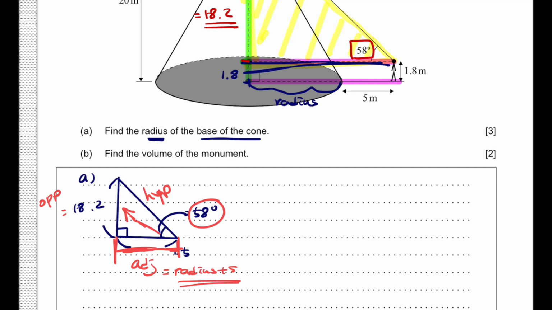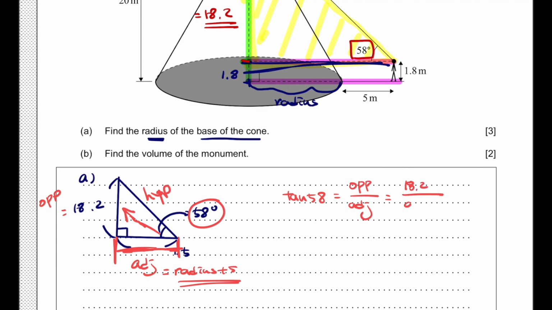Using the trigonometric ratio, I'm going to use tangent. So tangent 58 equals opposite over adjacent.